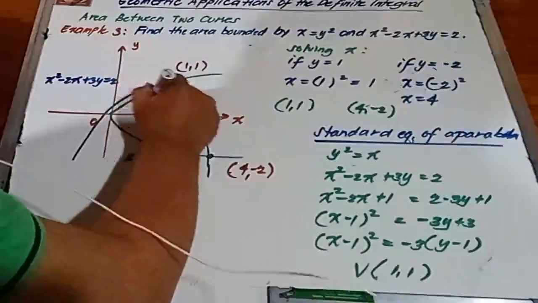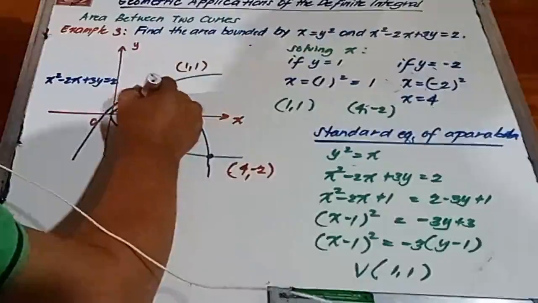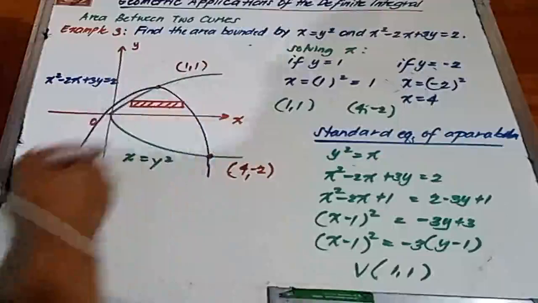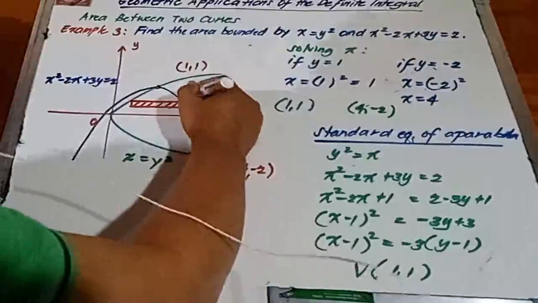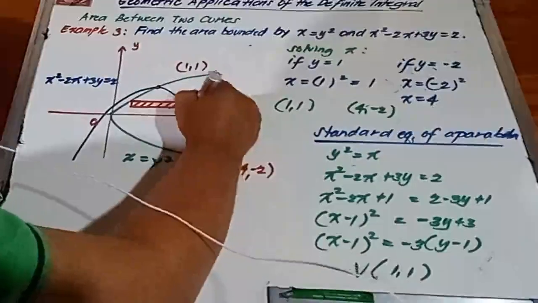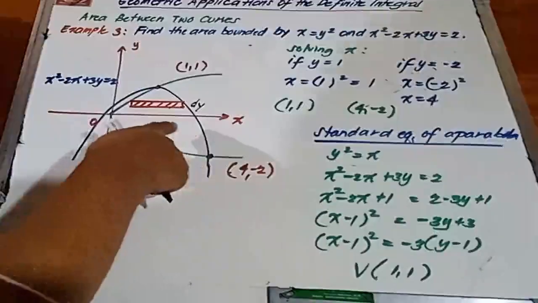So, ito yung ating horizontal element. Ito yung ating dy. Ito yung ating x to the right. Ito yung ating x to the left.